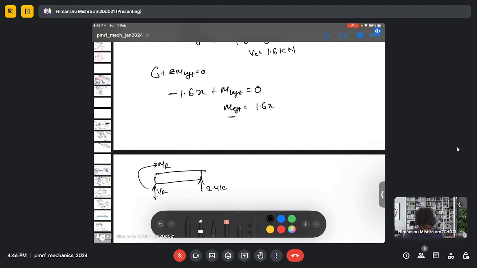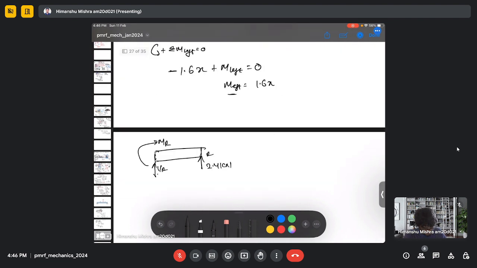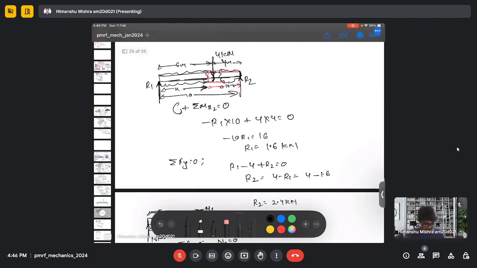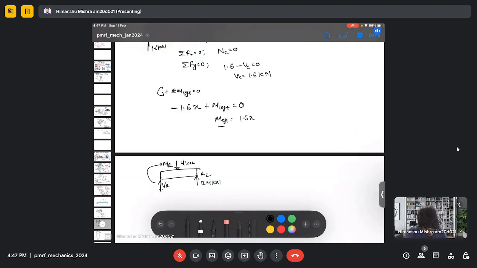This is 2.4 kilonewton, and there is a force of 4 kilonewton. Let's say we consider only this part, so we can omit this force, and the calculation becomes even easier.